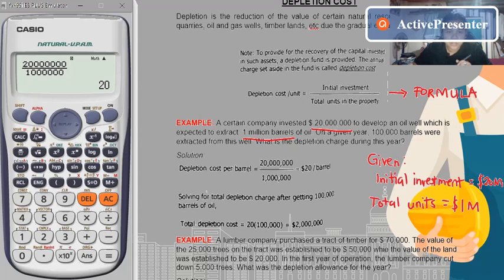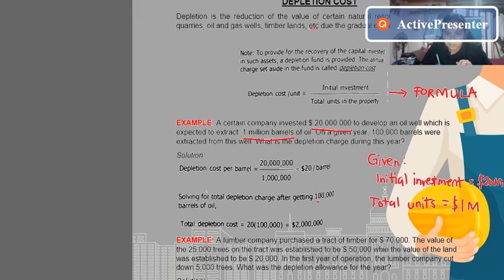So solving for the total depletion charge after getting 100,000 barrels of oil. So solving for our total depletion cost. So our solved depletion cost per barrel times our 100,000 barrels of oil.